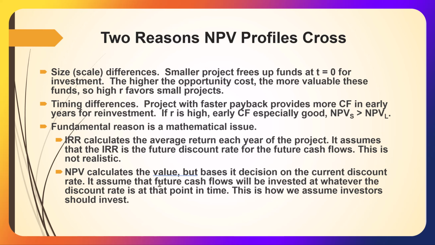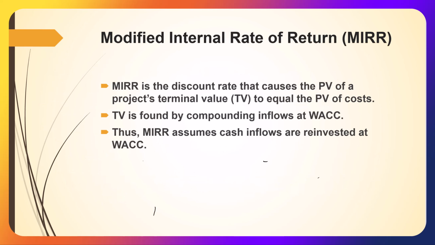Net present value calculates the value, but bases its decision on current discount rates. It assumes that future cash flows will be invested at whatever the discount rate is at that point in time. And this is how we assume all investors should invest. So there are conflicts between net present value and internal rate of return. It's important for us to understand those conflicts when we're analyzing this data.